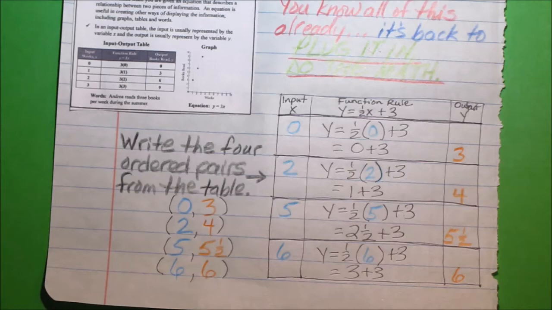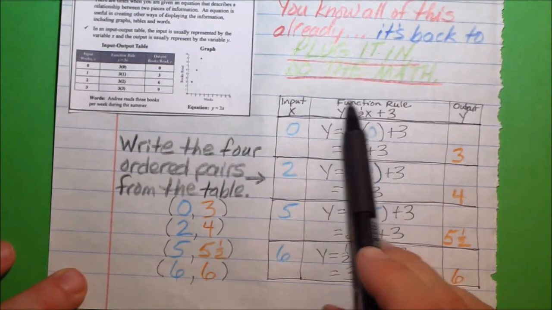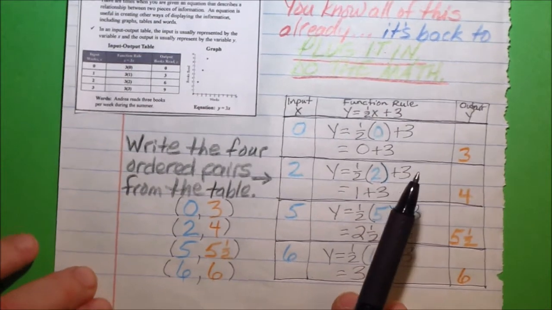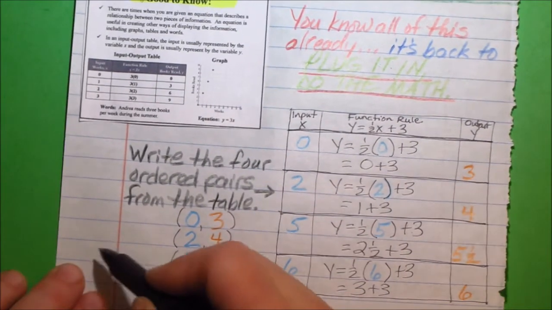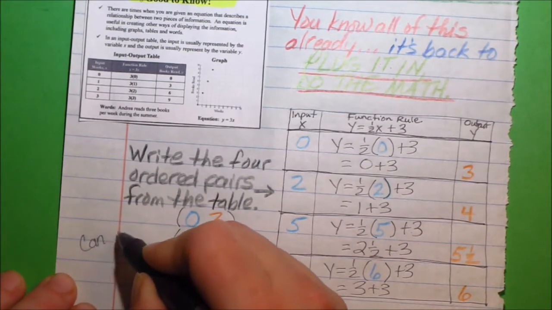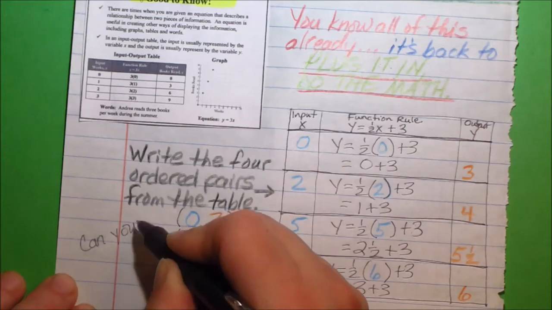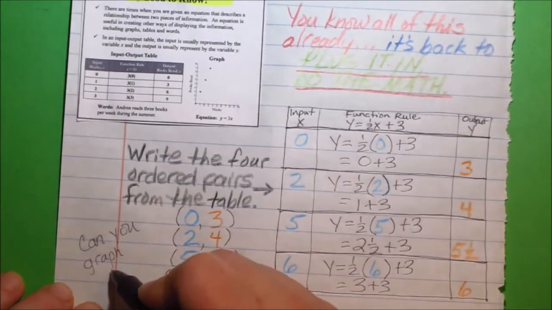All right, so now I have 4 ordered pairs that I got from this function rule right here. Now, why is this useful? Well, you'll find out in the next lesson even more, but let's make a little note over here so you can see where this is going. Can you graph these?